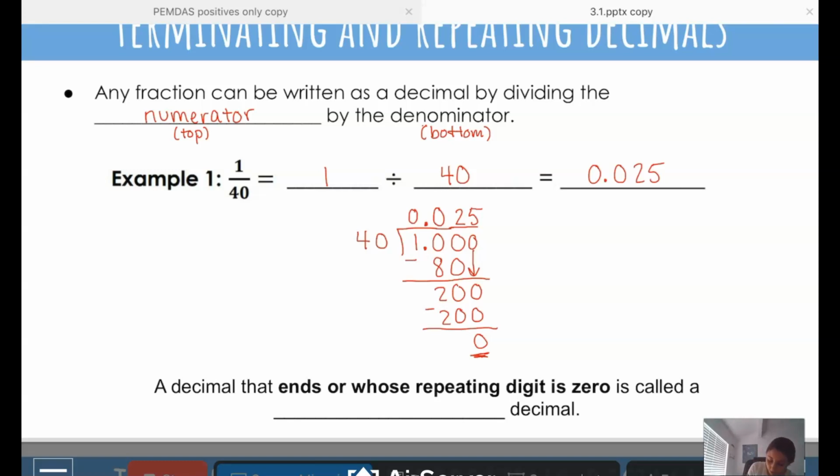That is called a terminating decimal. And terminating decimals, like I said before, are a form of rational numbers. So any terminating decimal can be considered a rational number because, like you see, we could convert it into a fraction, right? This terminating decimal, 0.025, as a fraction or ratio was 1 over 40.